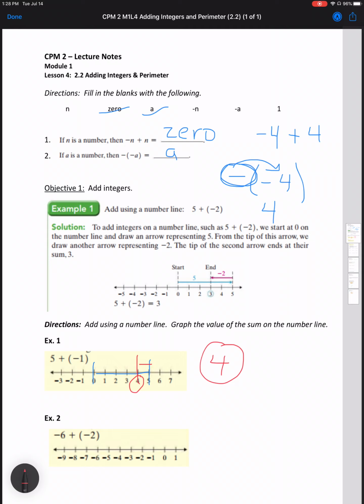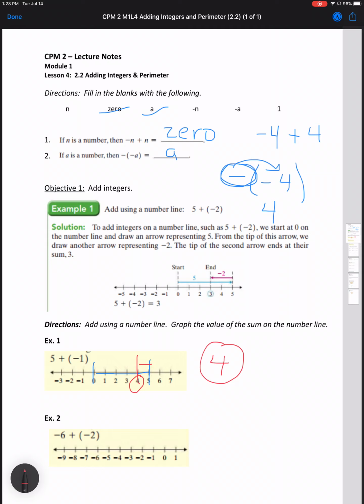So if we look at example number 2, we have negative 6 plus a negative 2. So again, we're going to start at negative 6. So go to negative 6, and we're going to add a negative 2. My pen was too thin there.